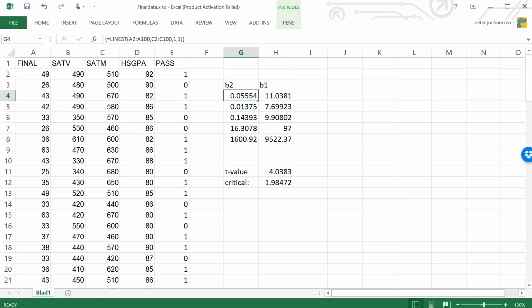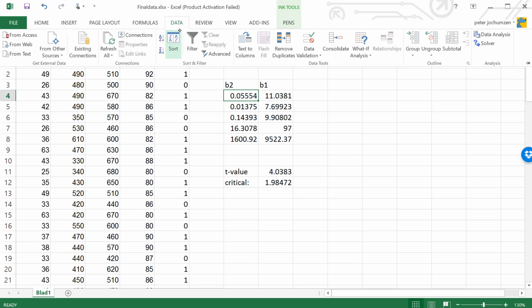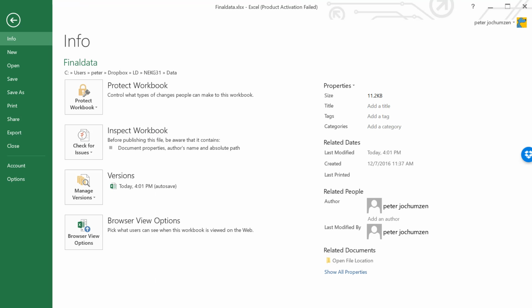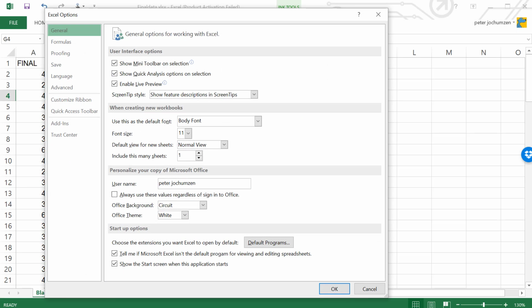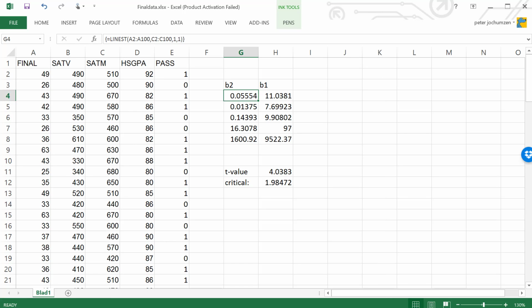There is another way you can do this type of regression analysis in Excel without using the linest function, which I think is a little bit more useful. And that is if you first include the add-in, which is called Data Analysis. So just go to File, Options, and here in the add-ins, down here, Manage, Go, just include that add-in.